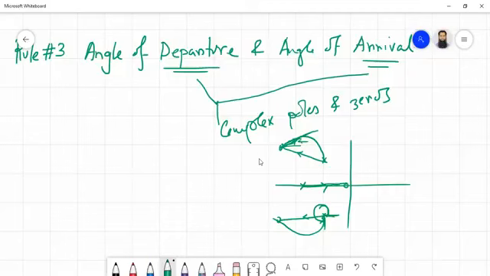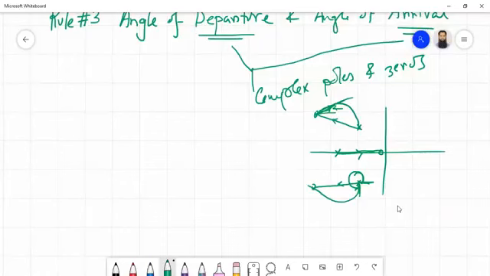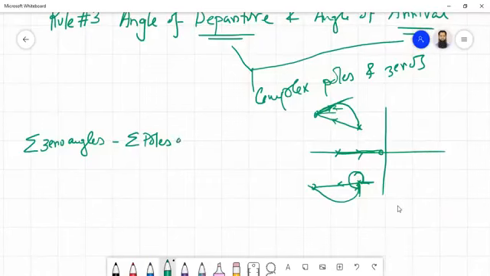The calculation is not that complicated. It is relatively simple because we know that the summation of all the zero angles minus the summation of the pole angles should be equal to an odd multiple, (2k plus 1) into 180 degrees.